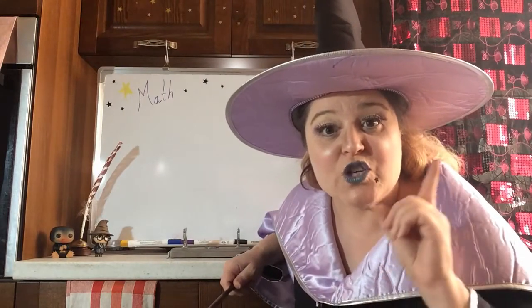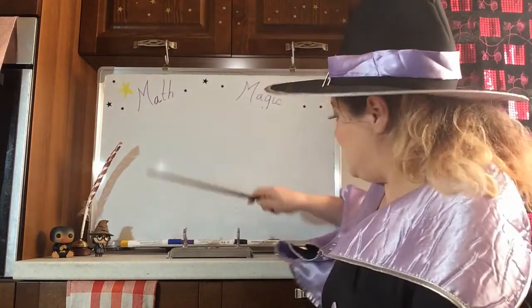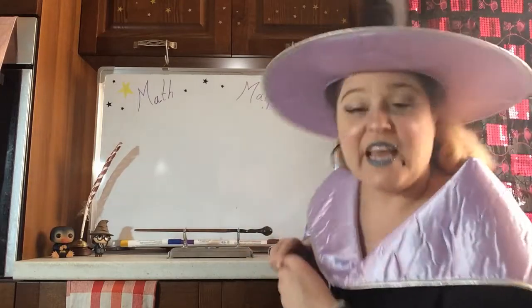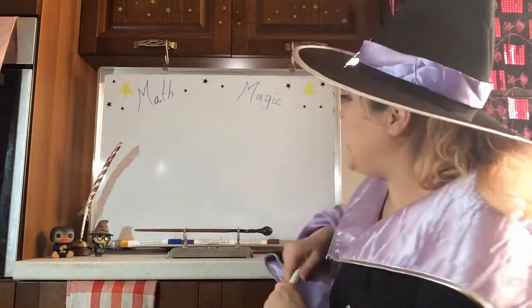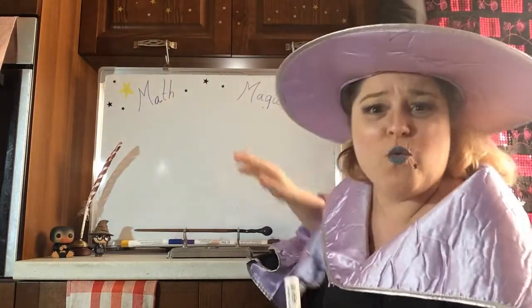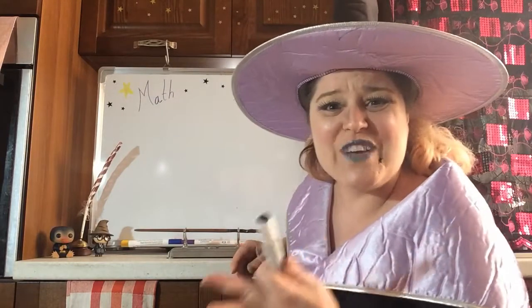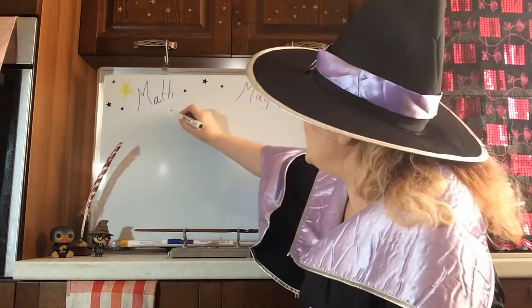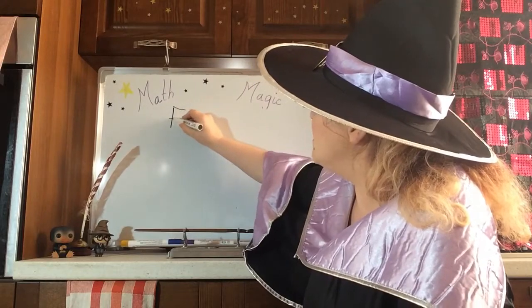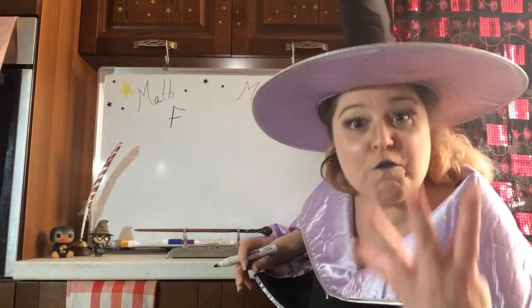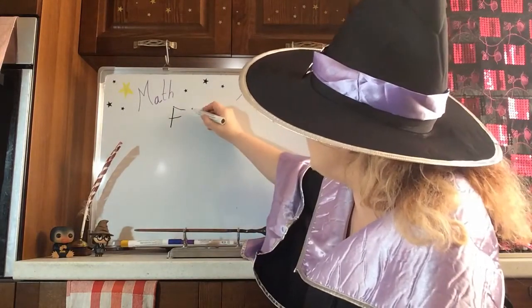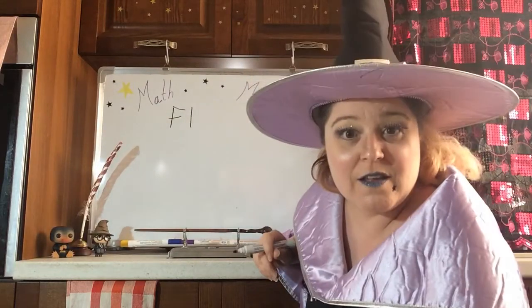It's important to write your instructions clearly. Now, I don't want to write the whole word forward. It's not really necessary. So if I do an F, I know that means forward. How many spaces forward? 1.